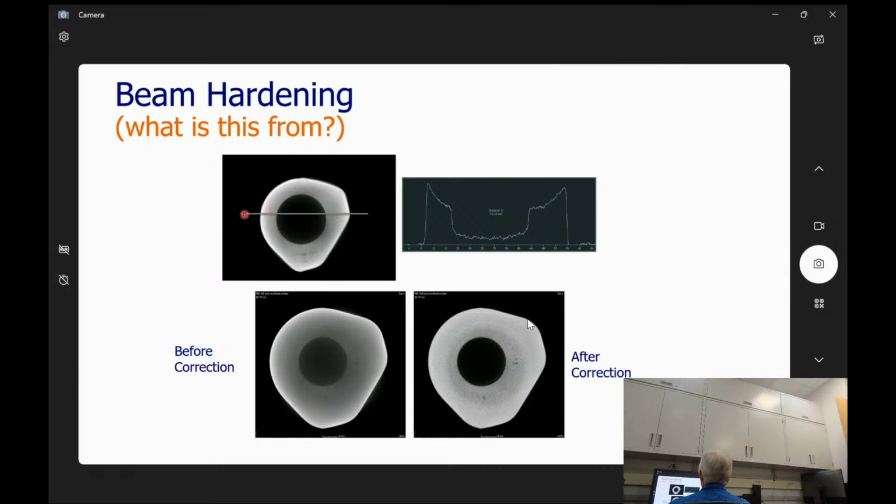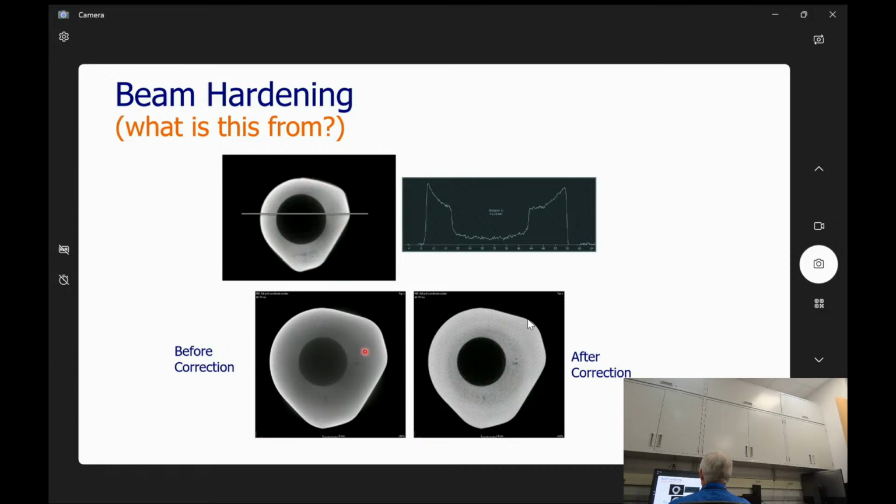If I do a line profile across this, instead of doing what we see here, where it goes to a peak and then goes down, it should just be going up, straight over, and down. It's not doing that because the material is self-filtering. The low energy photons are absorbed or attenuated more substantially by the material, so I see this white rim around the side.